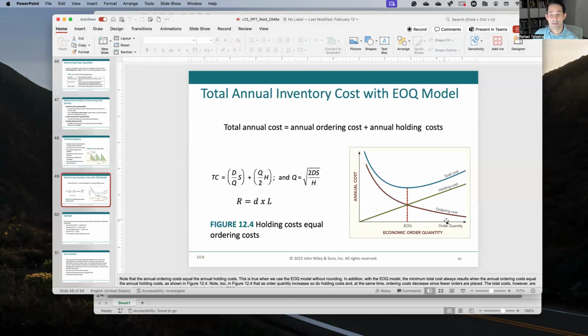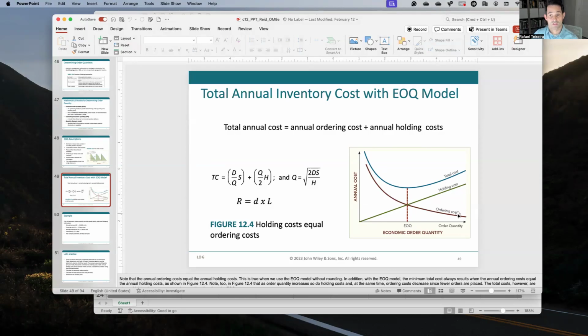On the other hand, the ordering cost is lower for higher quantities, because you place fewer orders, you buy less often, less frequently. So you don't have to place too many orders if you buy a big bulk. However, you have to hold these units for too long.